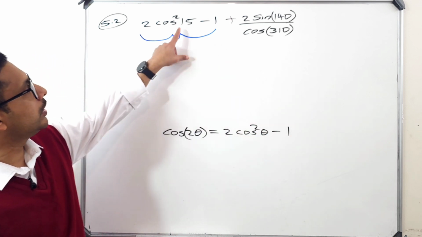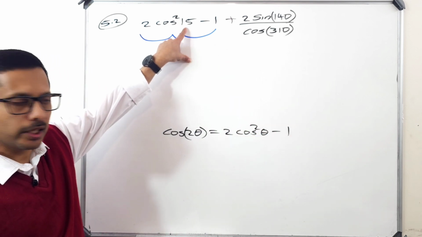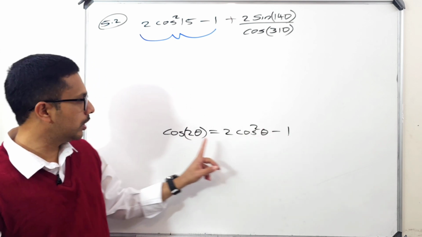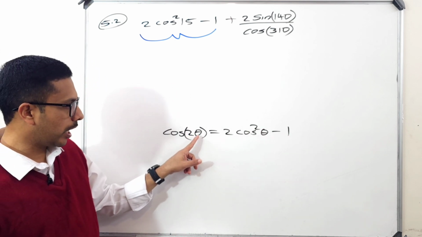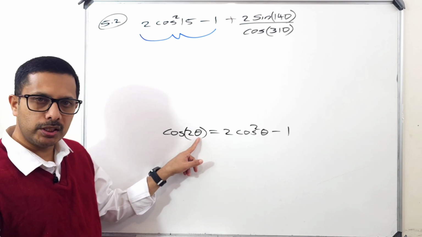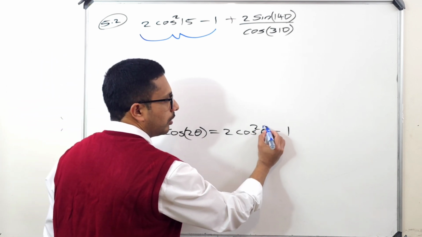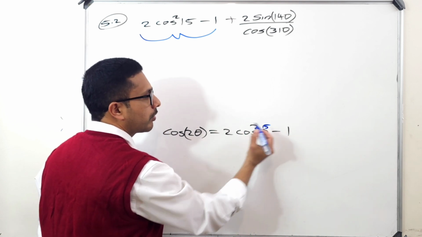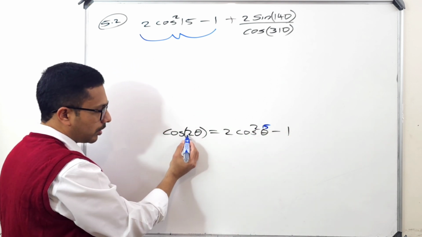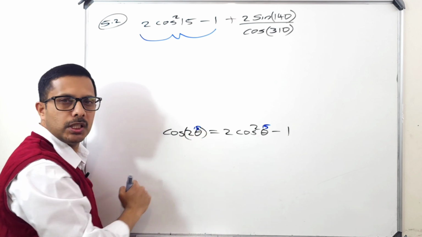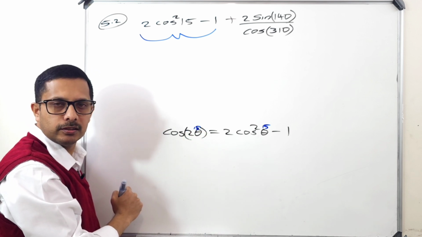Here, instead of theta, what is that? 15. So it is 2 cos square 15 minus 1. So here how can you write? 2 times cos of 2 times theta. If you consider theta as 15, 2 times 15. What is 2 times 15? It is 30. Am I right, guys?